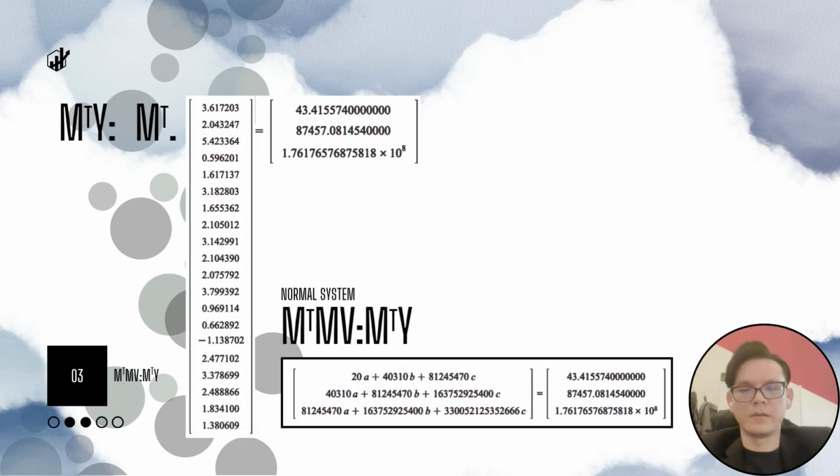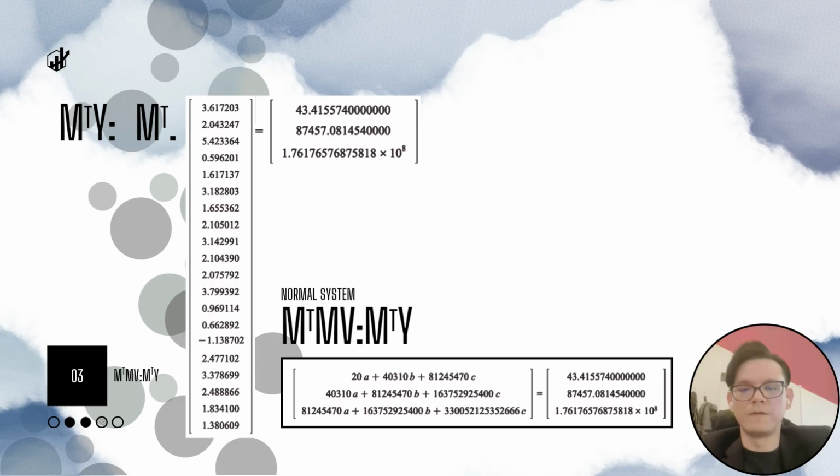In this slide, the vector MT.y is calculated by multiplying the transpose matrix MT with the observed data vector y. The resulting vector forms the right-hand side of the normal equation.